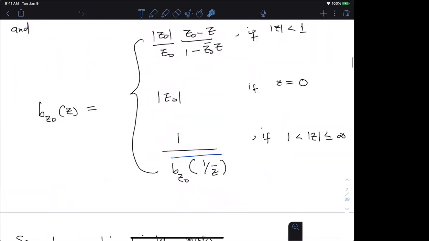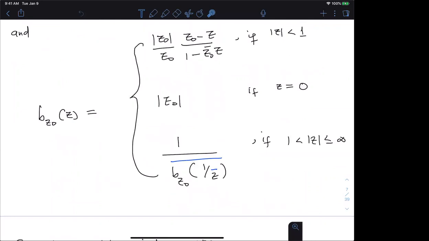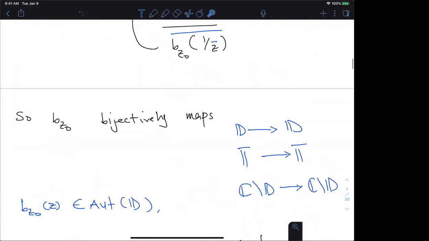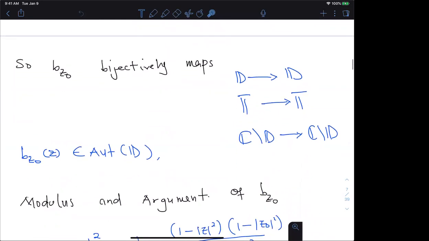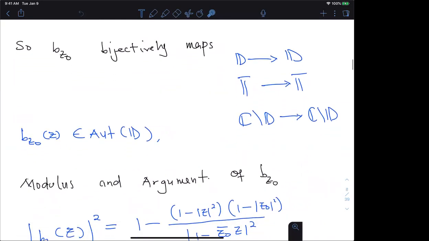So it is verifiable with a little bit of work that the Blaschke factor maps bijectively the disk to the disk, the unit circle to the unit circle, and the complement of the unit circle in the complex plane to itself. So of course it is an automorphism.